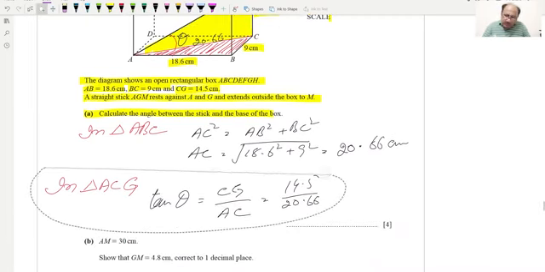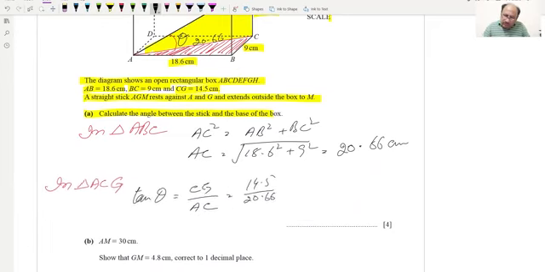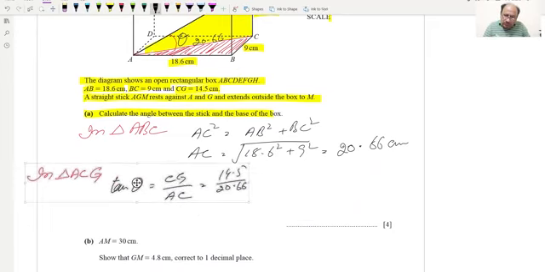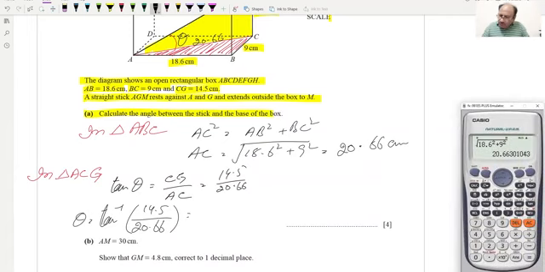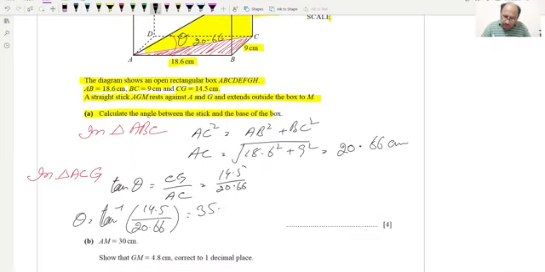We can shift tan to the other side. So theta is equal to tan inverse of 14.5 divided by 20.66, and this will be equal to 35.06, or we can write 35.1 degrees to 3 significant figures.